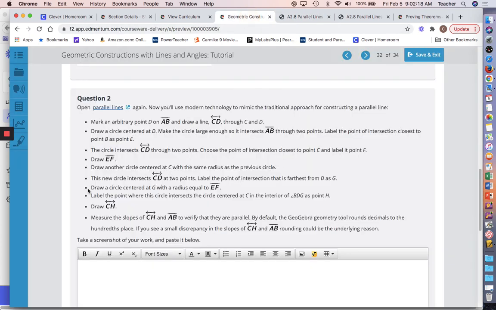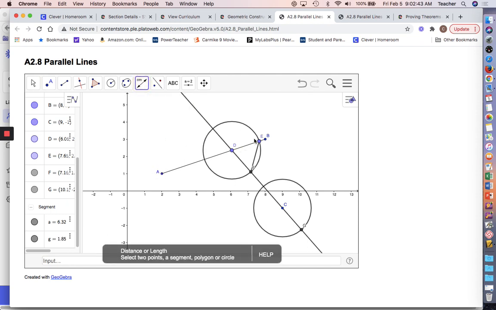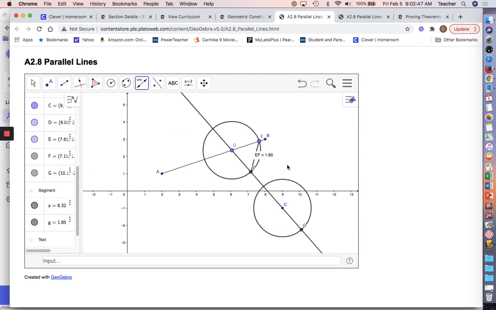Okay, next bullet point. Draw a circle centered at G with the radius equal to EF. Well, now I need to find what EF is. I can't find out what EF is unless I go to distance and click on EF, which is 1.85.